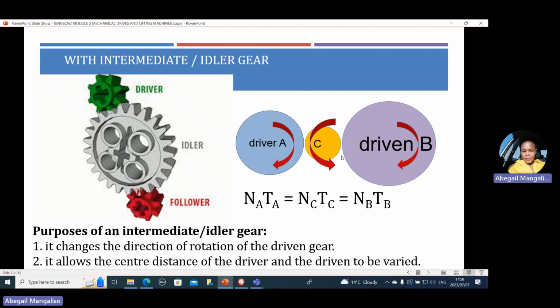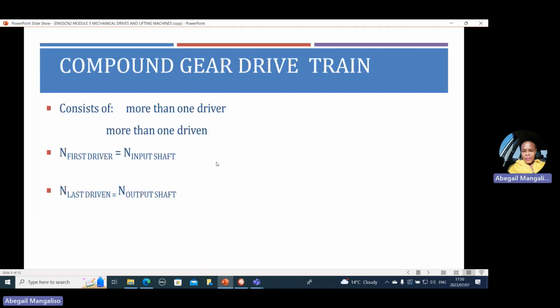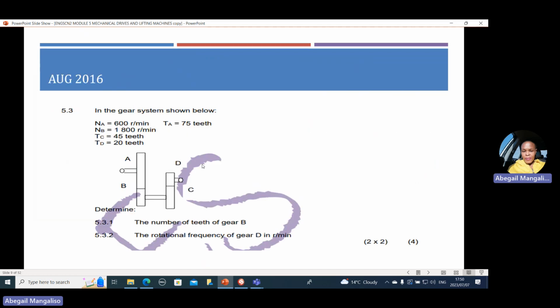Also, we cannot do the circles. We can just do the schematic diagram, which is this diagram. So this is the symbol for a shaft, and this is gear A. A has 75 teeth. NA is given, TA is also given.